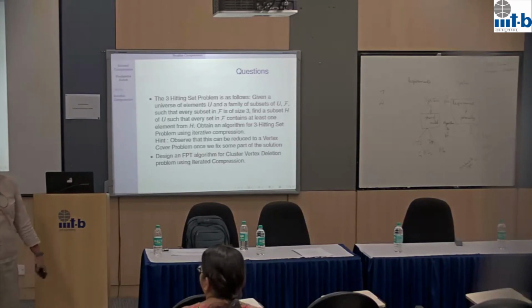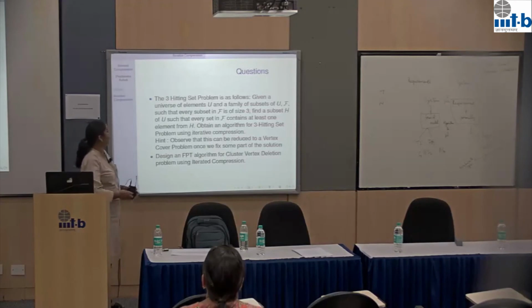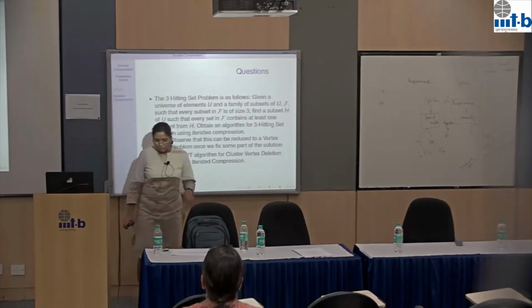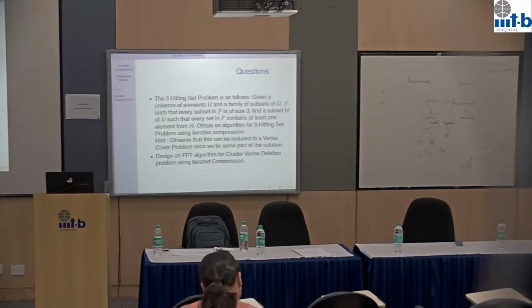You want to find a hitting set of size k, and use iterative compression. Remember how iterative compression works, and at some point you can reduce it to a vertex cover problem, and then you solve the vertex cover.